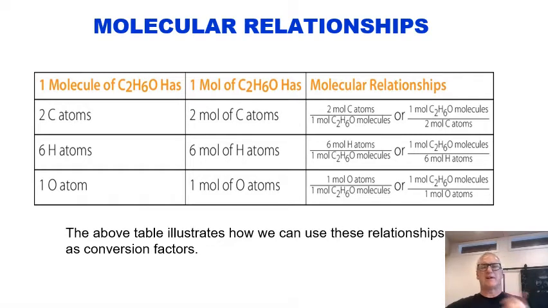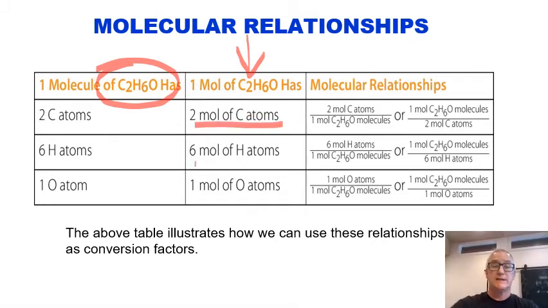So these are the molecular relationships involving moles. If I have 1 molecule of this, it's got 2 atoms of carbon, 6 atoms of hydrogen, and 1 atom of oxygen. If I have a mole of that, that means I have 2 moles of carbon, 6 moles of hydrogen, and 1 mole of oxygen.